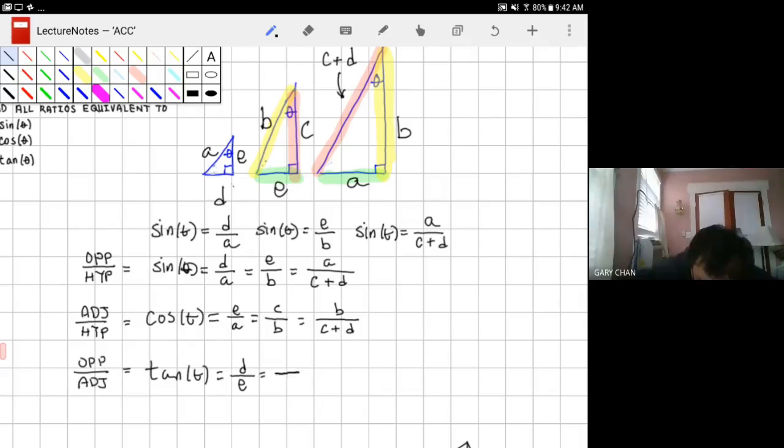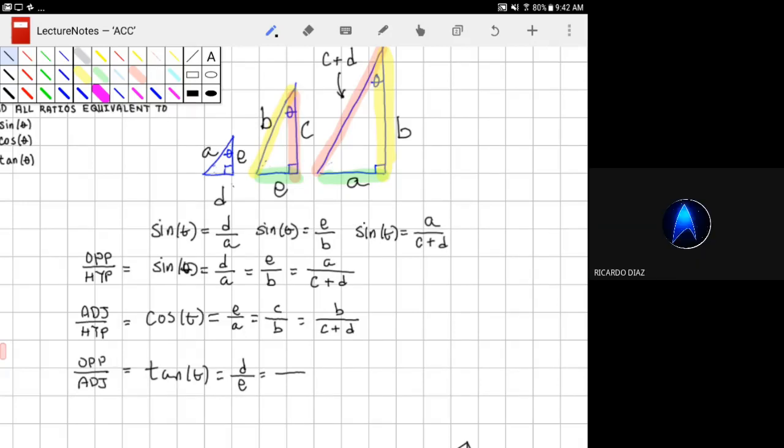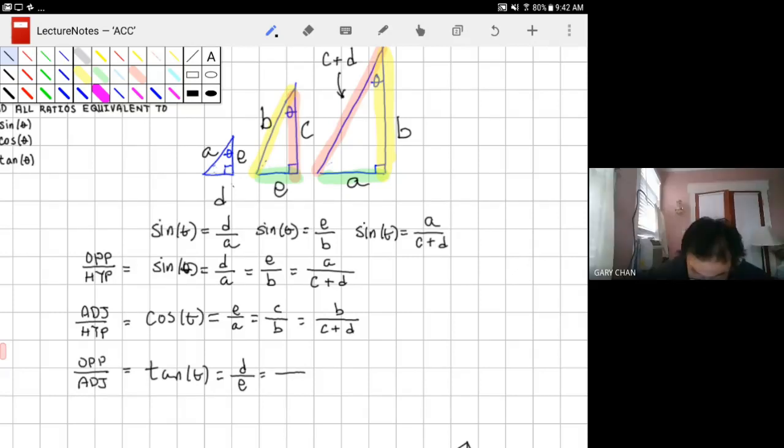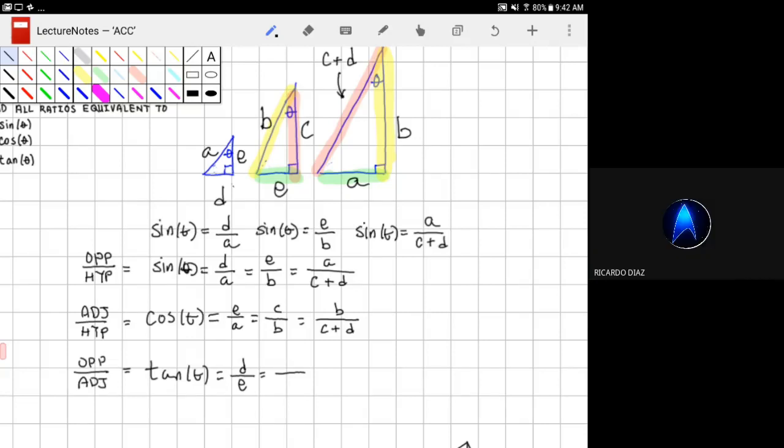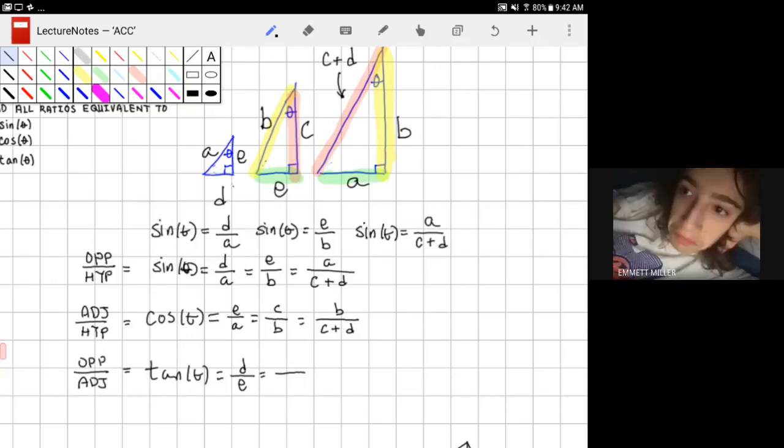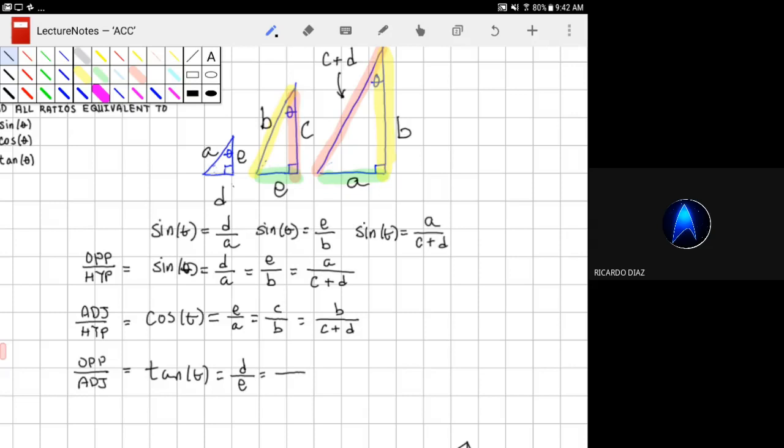What would it be for the middle triangle? Ricardo, what would it be for the middle triangle? The tangent of the middle triangle is opposite over adjacent.